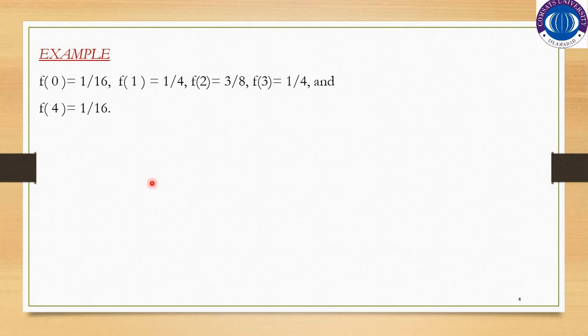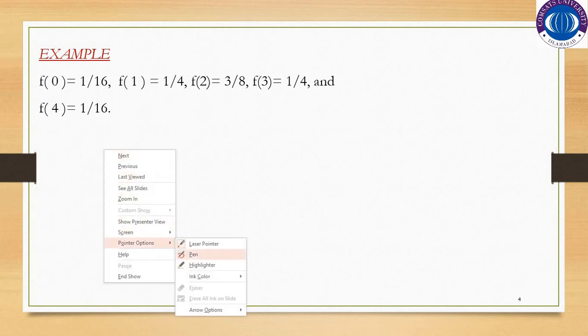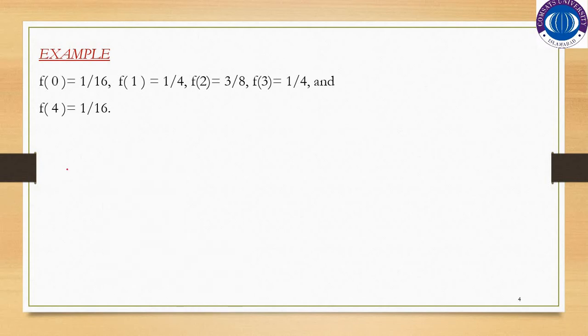For example, we can see here that x has 5 values: 0, 1, 2, 3, 4.